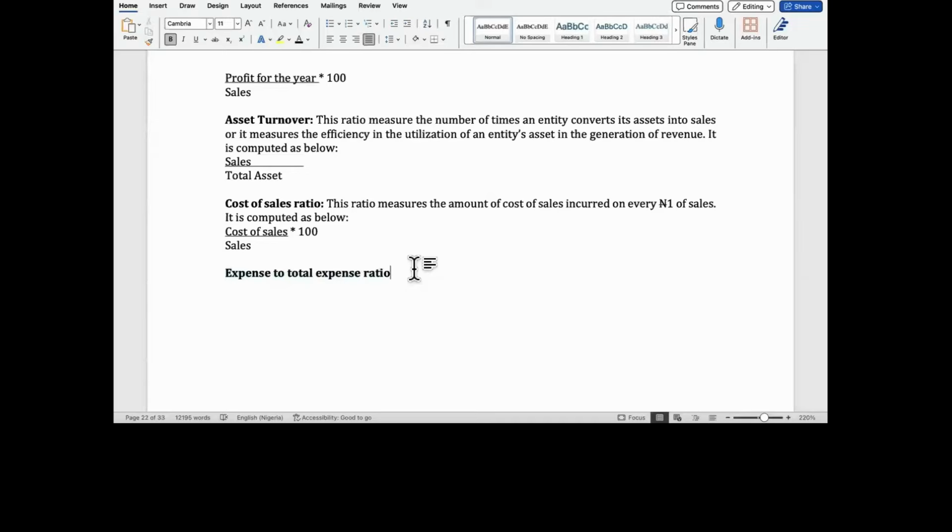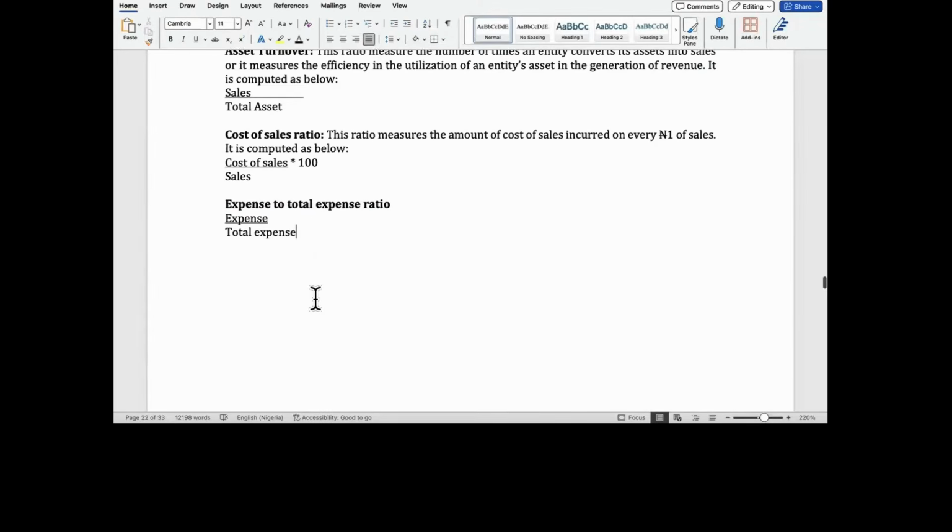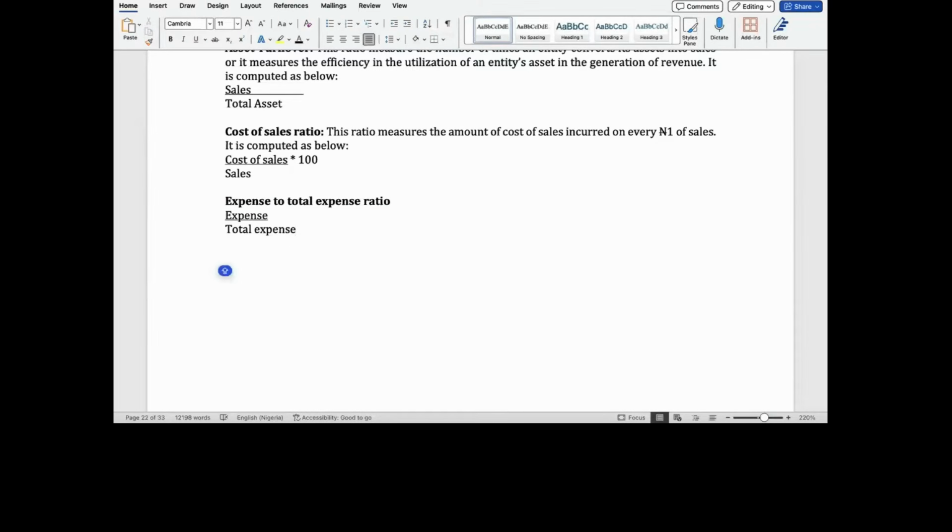From the name, it is simply a particular expense divided by total expense, depending on what the examiner is looking at. So it's a particular expense relative to the total expense, and what the examiner is looking at will determine the direction of our analysis of this ratio. Now that's profitability ratios.